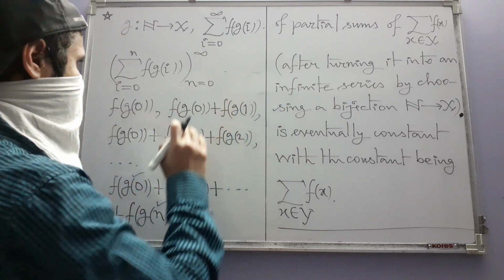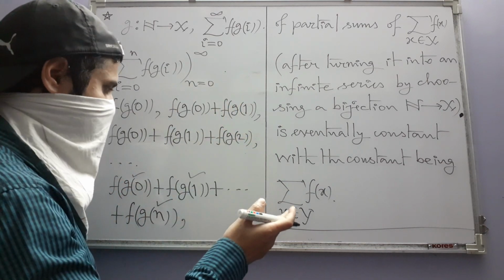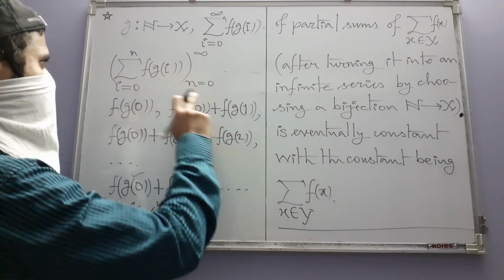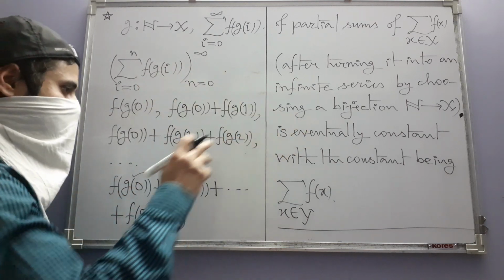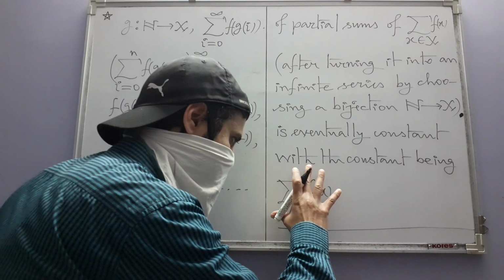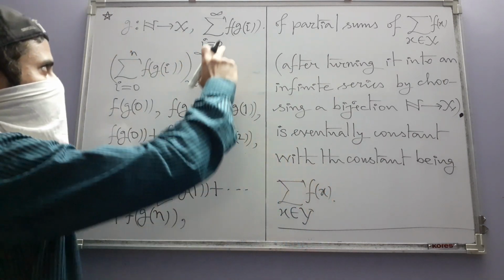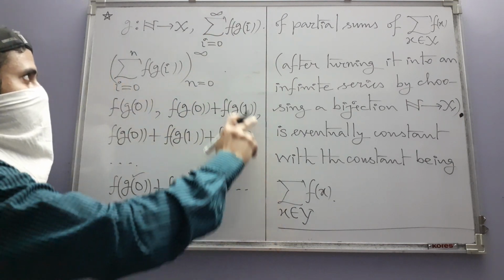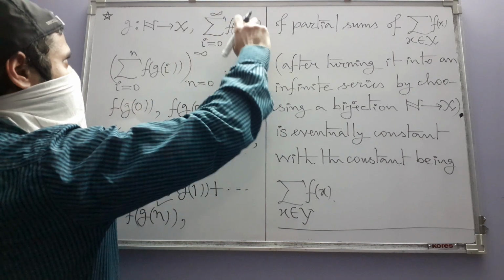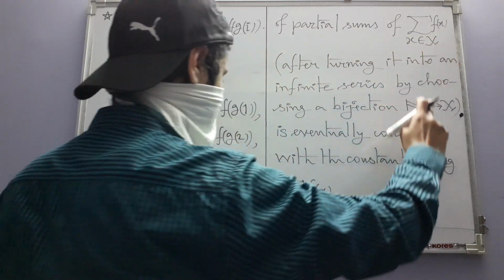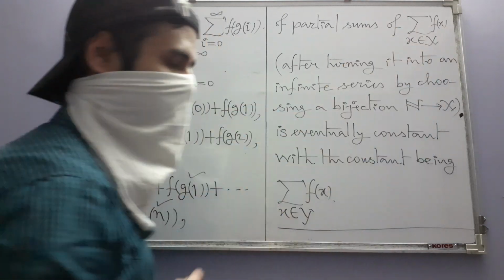So according to the definition of the sum of an infinite series, this will converge to what? Since it's an eventually constant sequence, it will converge to that constant, and that constant is this. So the sum of this series is this, but the sum of this series by definition is the value of this sum. So that's why this is equal to this.